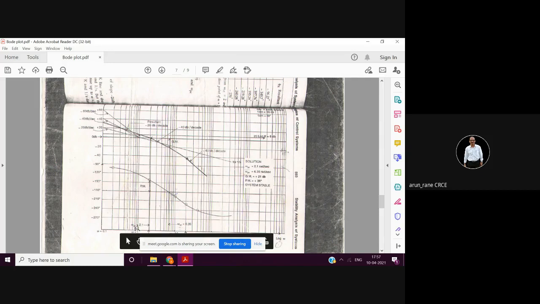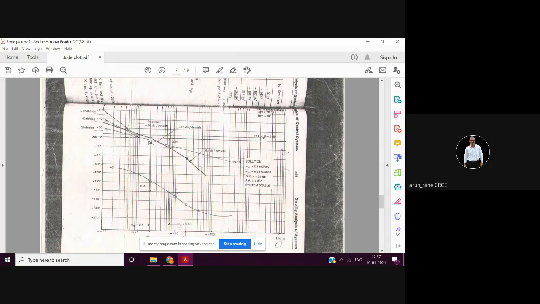Now this is omega equal to 1, so you have to project the line from here to here on this line, and from this point you draw a parallel line. This dark line is parallel to k. That means this is nothing but 2 by 1 upon s. This plot is the plot of 2 by 1 upon s.